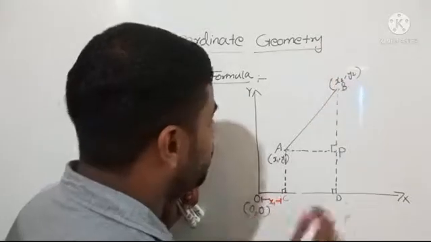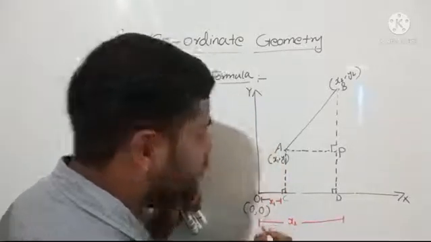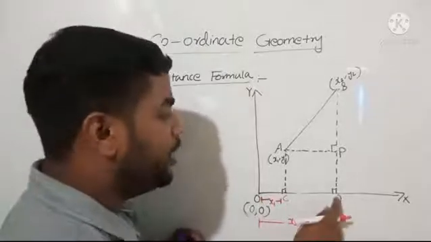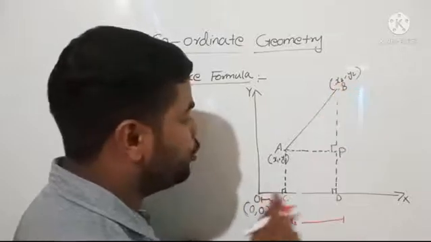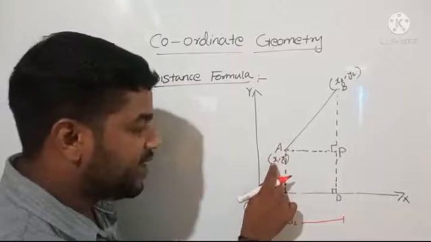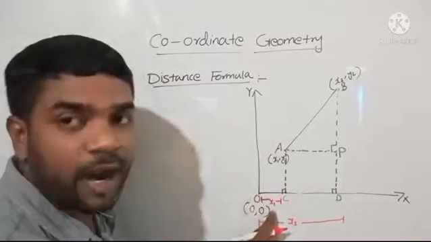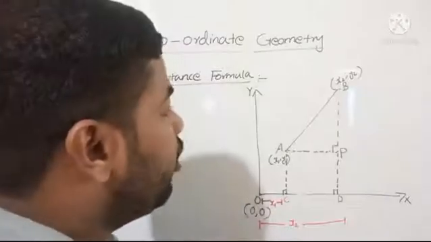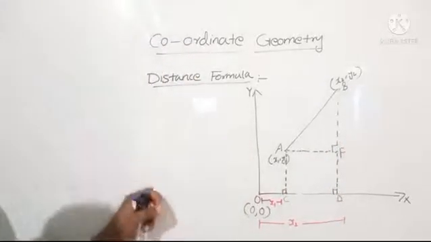Here the point B has x coordinate x2, so the distance from O to D is x2, and the point A has x coordinate x1, so the distance from O to C is x1. In the same way we can find the distance of BP and the distance of BD.